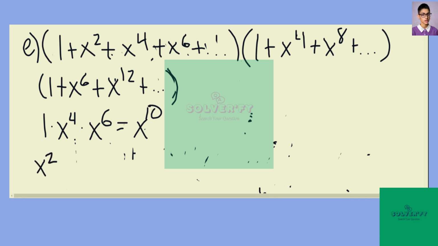It's the only possibility if we choose 1 for the first. Now if we choose x squared as our first factor, then we have x squared times, if we choose 1 for the second factor, then there's nothing we can choose in the third factor to give us x to the 10th. But if we choose x to the 4th, there's still nothing we can choose but x to the 8th. This gives us already x to the 10th, so times 1. This is x to the 10th.